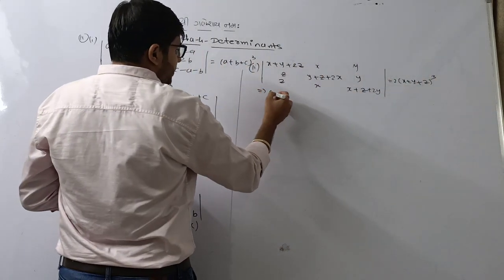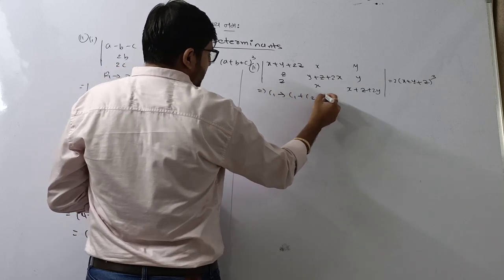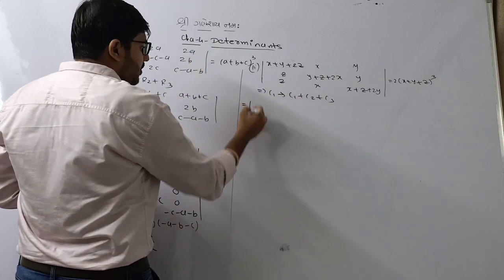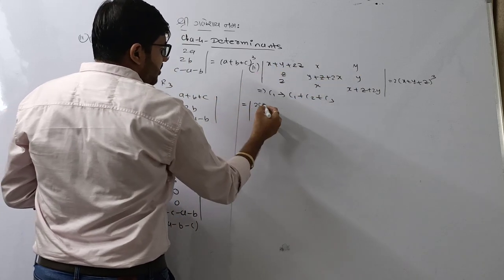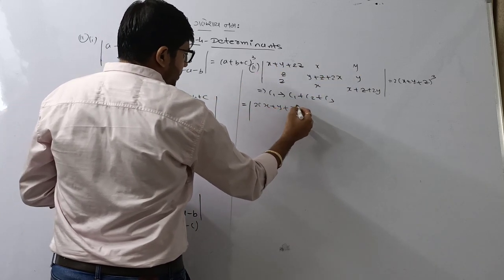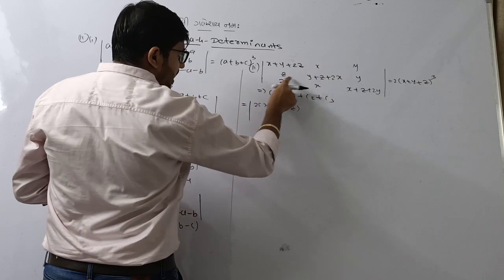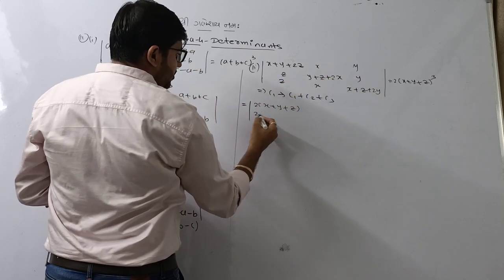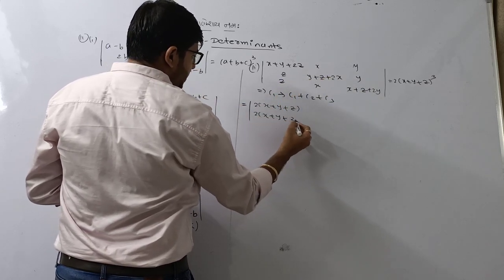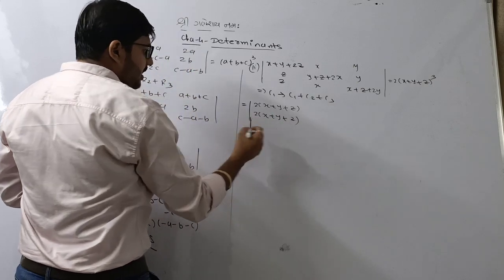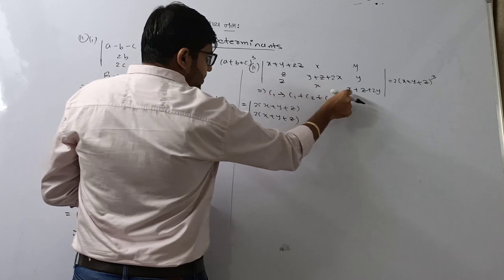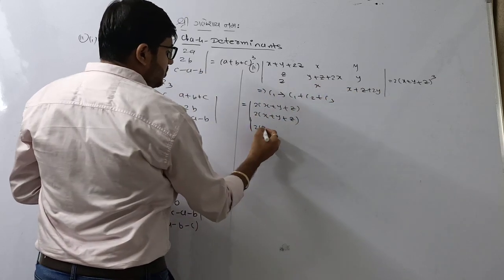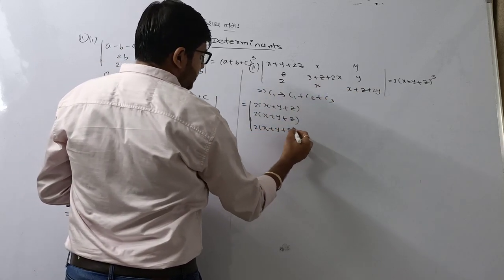So let's go with C1 becoming C1 plus C2 plus C3. Now it will become x plus y plus 2z, which is 2 times x plus y plus z. Similarly, y plus z plus 2x, so it is 2 times x plus y plus z. And similarly, in the last element, z plus x plus z plus 2y, that is 2 times x plus y plus z.